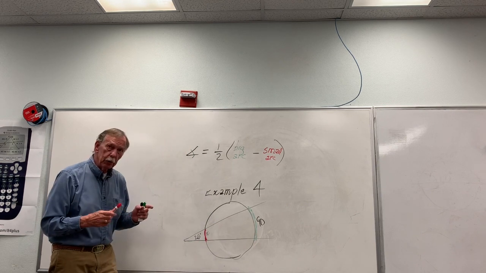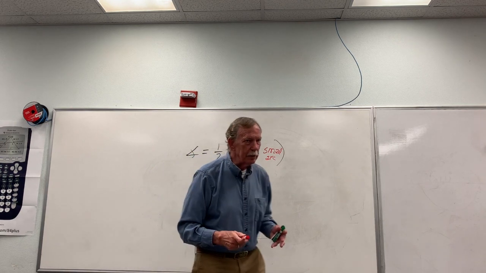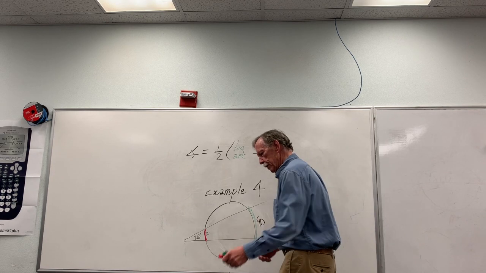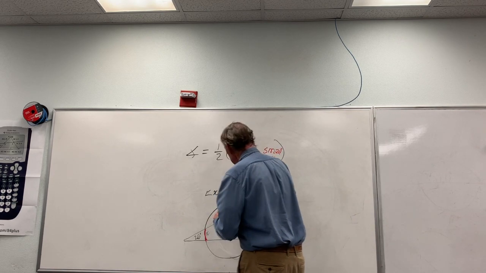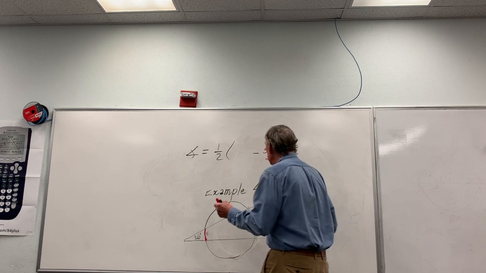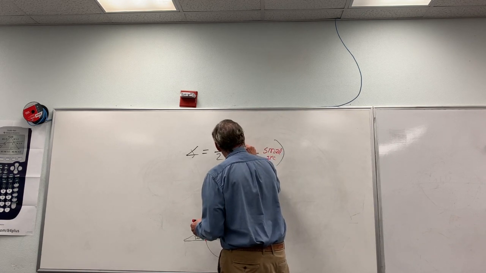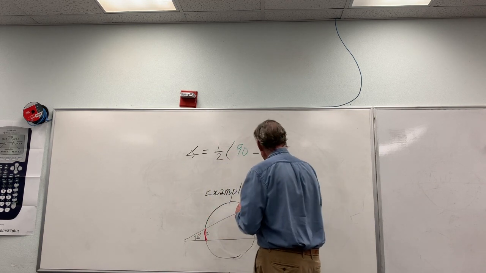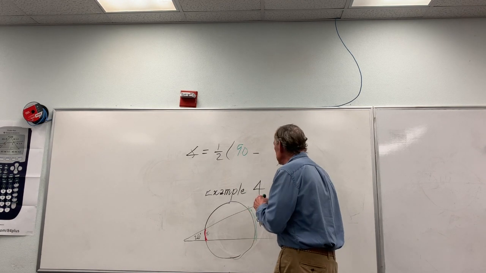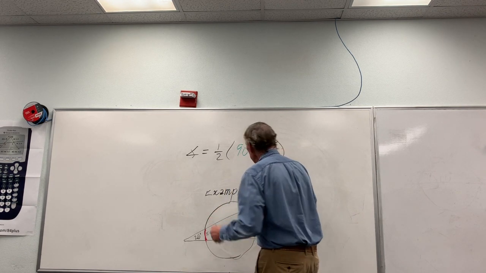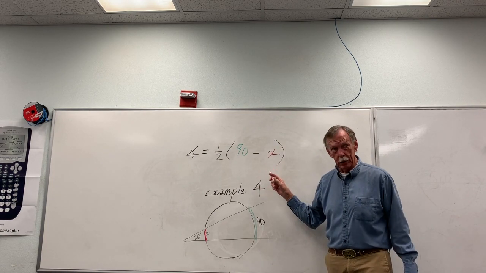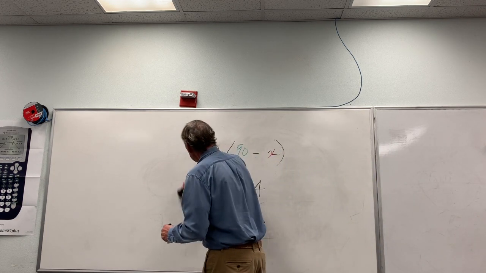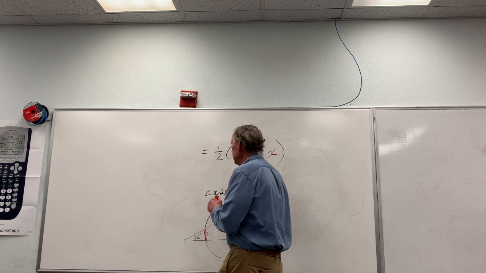Now we're just going to put those values in and then solve for x. The big arc, 90. The small arc, x. We don't know it yet. That's what we're looking for. But put that little hummer in the equation just like that. The angle, we know, is 26.